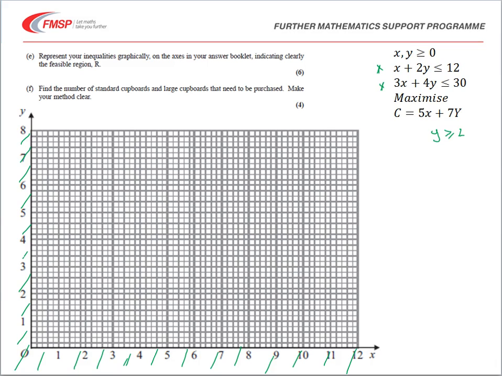The way to do these is to look at where these lines cross the axes. So if we consider the inequality x plus 2y is less than or equal to 12, the line x plus 2y equals 12 will cross the x-axis at 12 and the y-axis at 6. So we're going to take a line joining those 2 points and mark it on the graph.